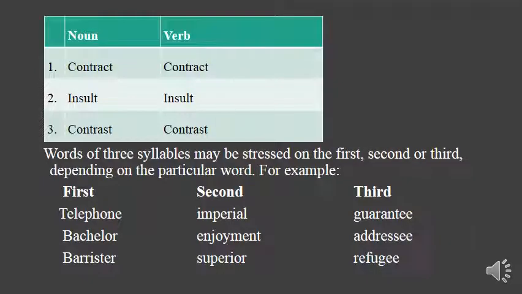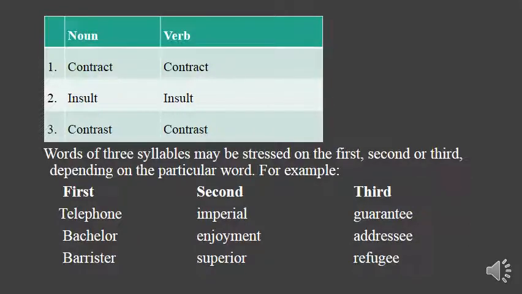Words of three syllables may be stressed on the first, second, or third depending on the particular word. That is, in a situation where there are words with three syllables, the stress might be placed on the first, second, or on the third syllable. As we can see in the example here, where first is written, it is telling us that the stress is on the first syllable, where second is written, the stress is on the second syllable, and where third is written, the stress is on the third syllable.